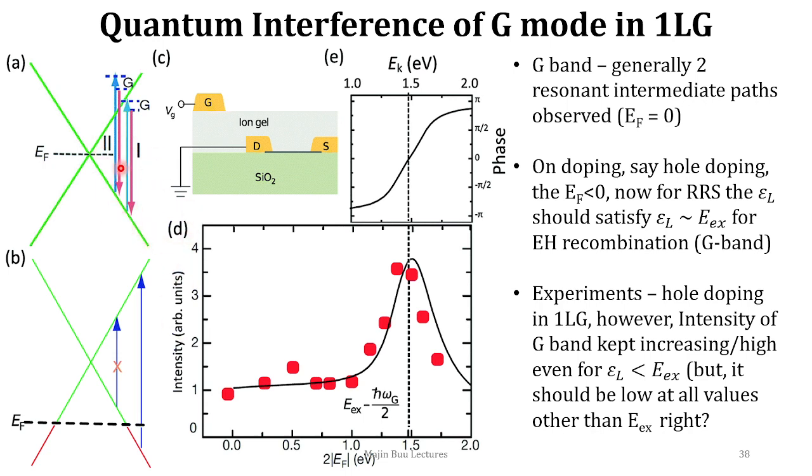The issue is that in a single layer graphene, in an undoped structure, the Fermi level is close to zero, and you don't observe the involvement from the other energy levels.